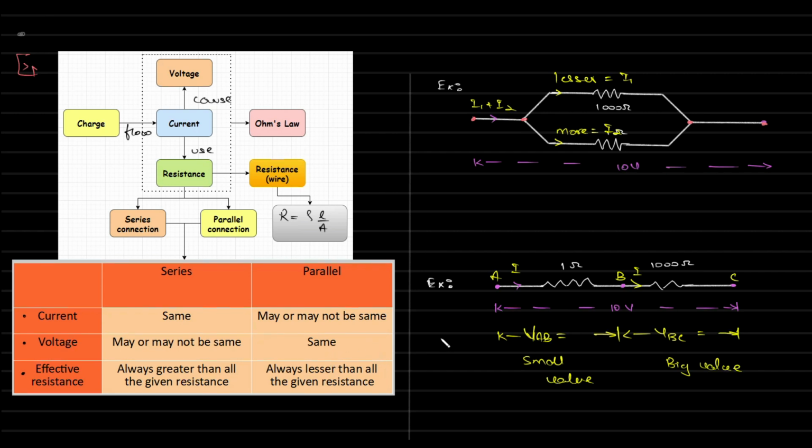They won't be the same when the resistors are different. One thing about VAB and VBC is they will add up to 10 volt. So VAB plus VBC by default will add up to 10 volt.